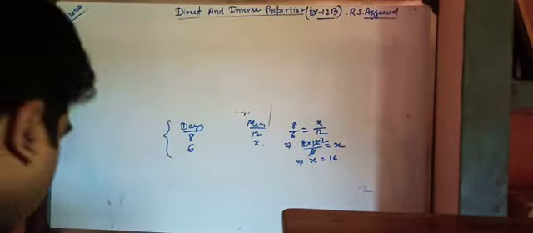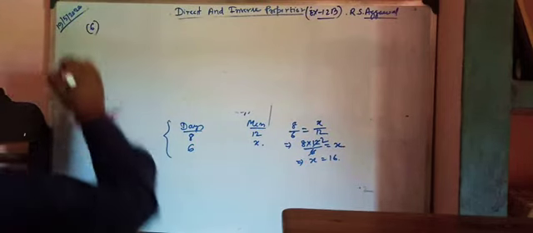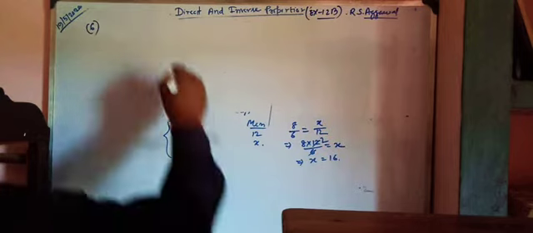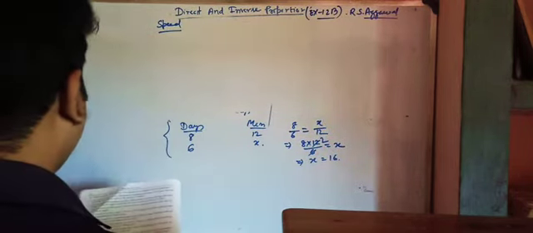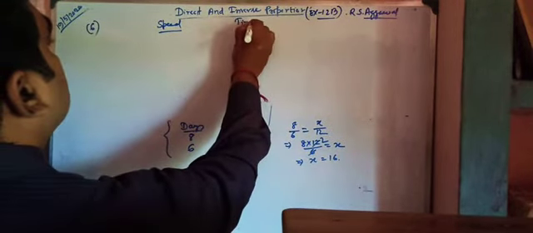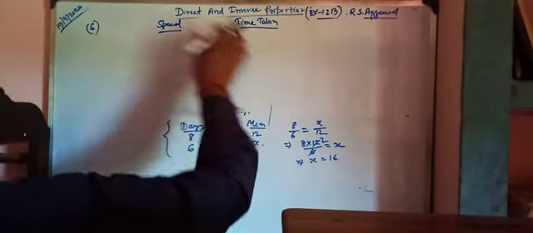So here we have to make speed and time taken, or total time taken, or only time.